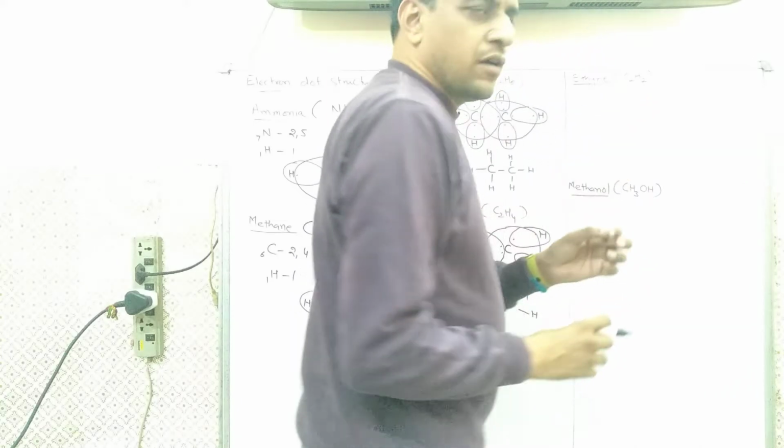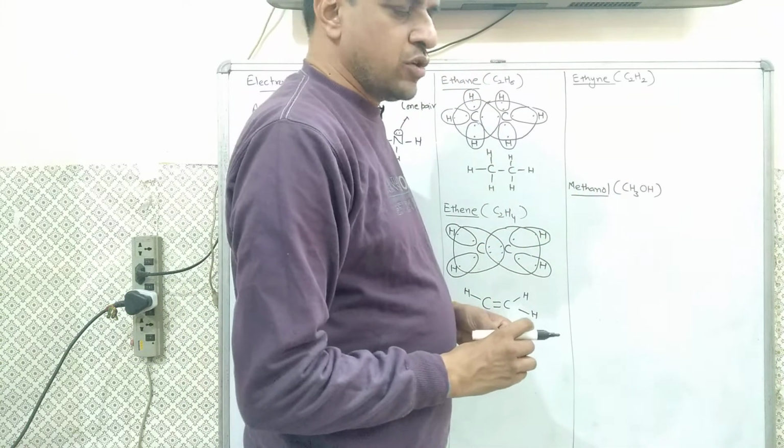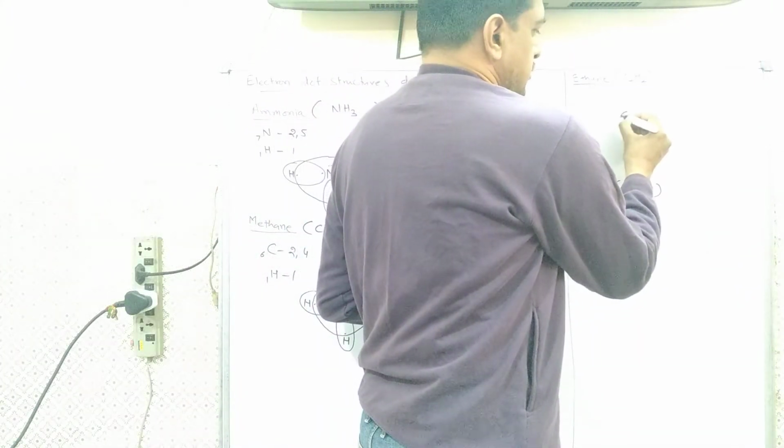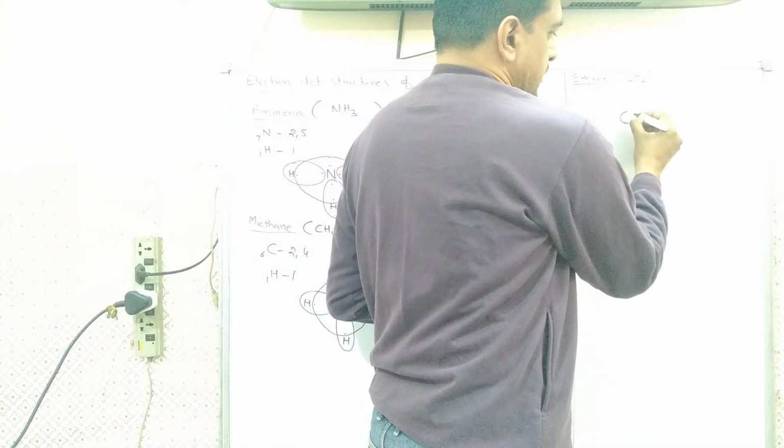Now similarly, ethyne. Ethyne will have a triple bond between the two carbon atoms. That's why it will share 3 electrons with carbon.